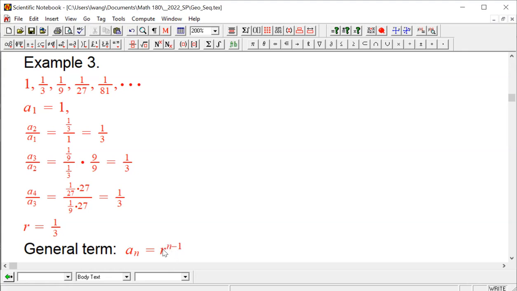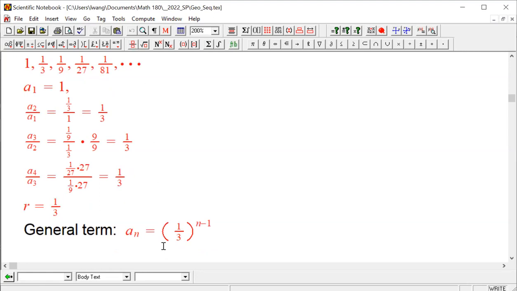And R is 1/3, so R will be replaced by 1/3. So this sequence is basically 1/3 to the power n minus 1. When n equals 1, that is 1/3 to the power 1 minus 1, which equals 1. So this is the general term.